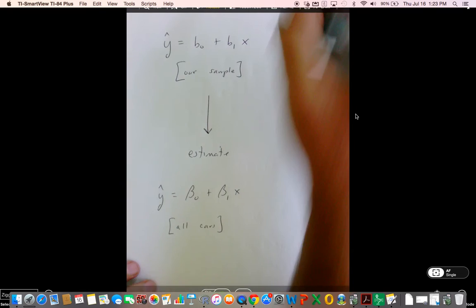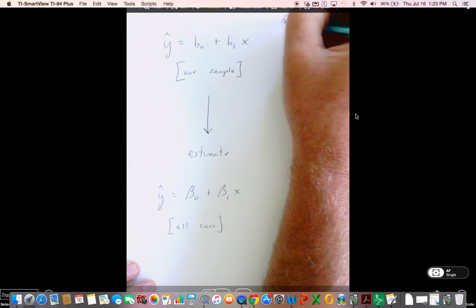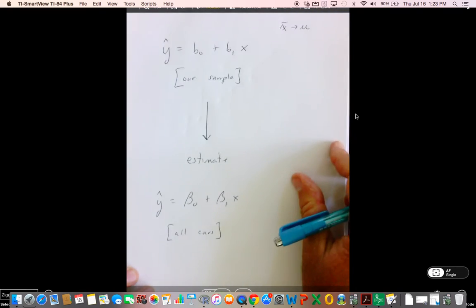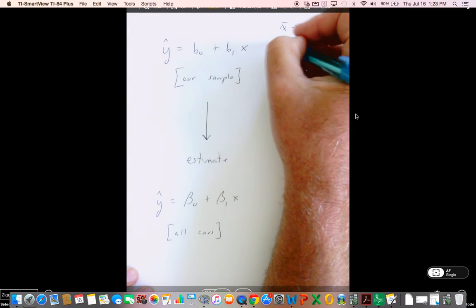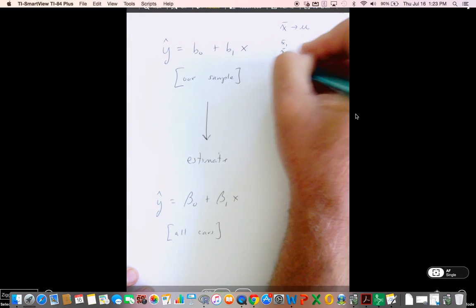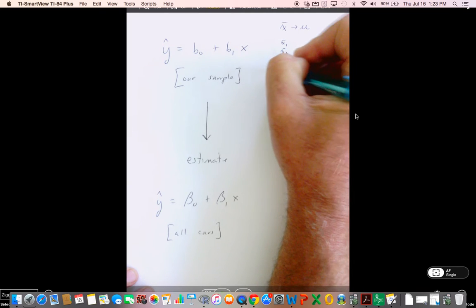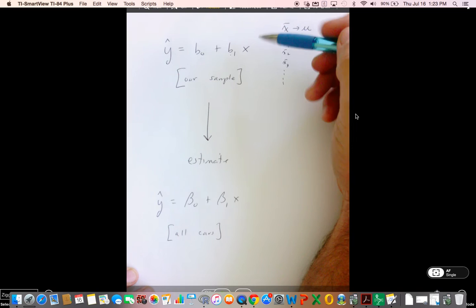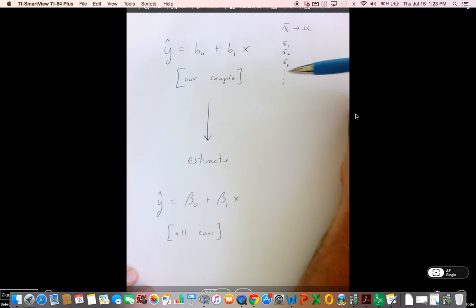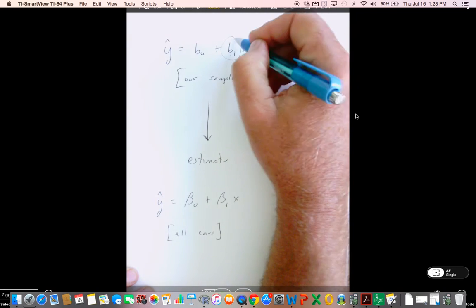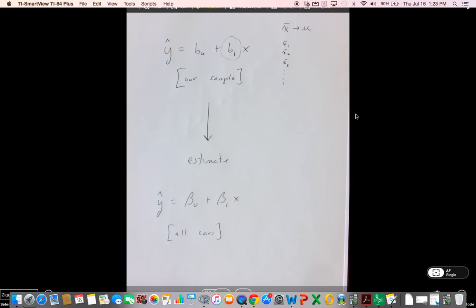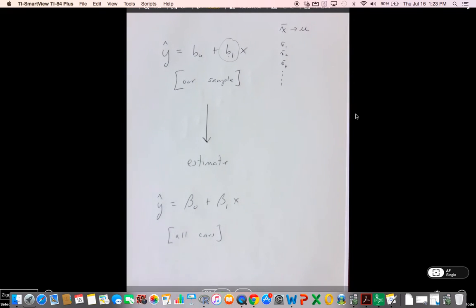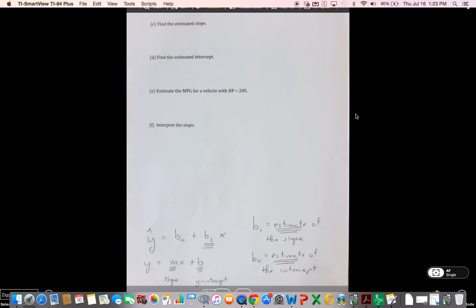Now, just like using X bar to estimate mu, the X bars will vary from sample to sample. These beta 1s will vary from sample to sample. We just got one of them, okay? And it turns out that it's super, super easy to find when you learn how to use your calculator. So, guys, let's do that.